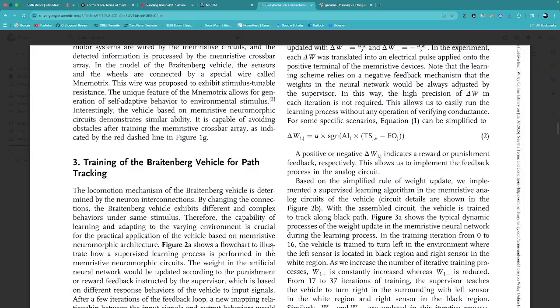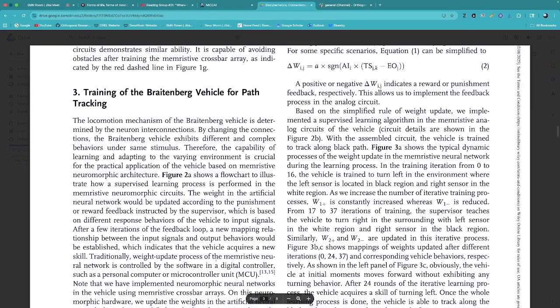So in figure 2, they show a flowchart to illustrate how a supervised learning process is performed in the memristive neuromorphic circuits. The weight in the artificial neural network would be updated according to the punishment or reward feedback instructed by the supervisor, which is based on different response behaviors of the vehicle to input signals. After a few iterations of the feedback loop, a new mapping relationship between the input signals and the output signals will be established, which indicates that the vehicle acquires a new skill.